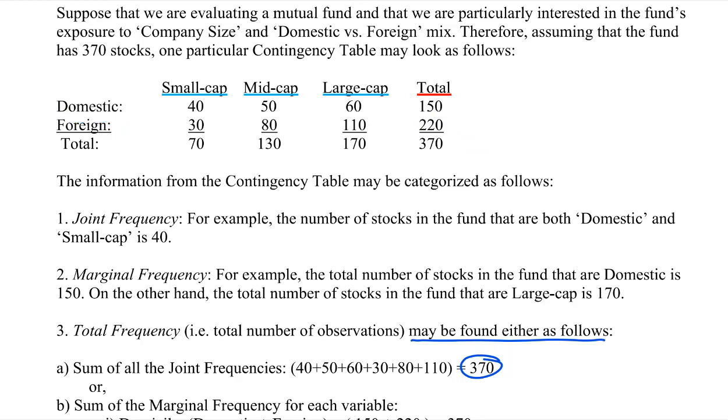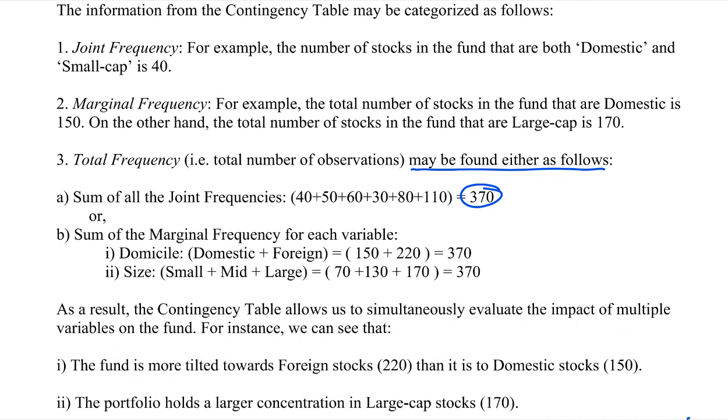That's looking at marginal frequency from the point of where the stock is listed. But we can also look at marginal frequency in terms of company size. We could say, 70 were small cap. These are marginal frequencies. So we can add up the 70, 130, and 170, and that would equal 370. And there it is. So there's your calculations.